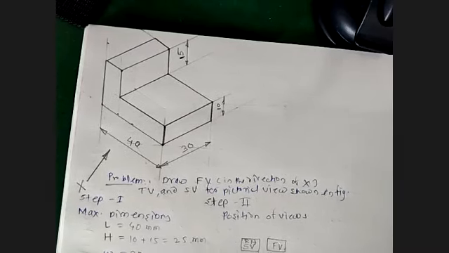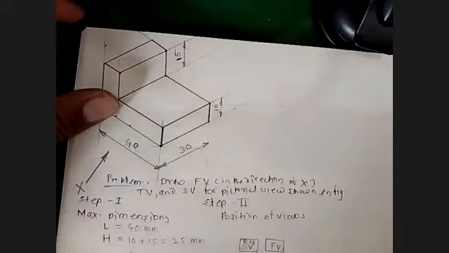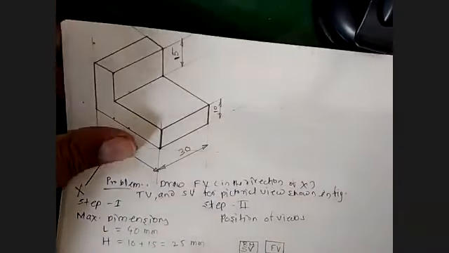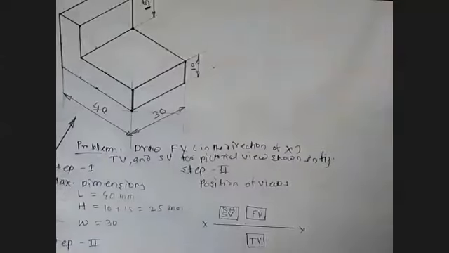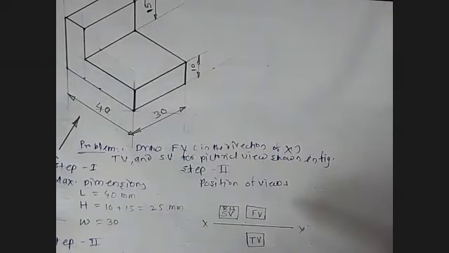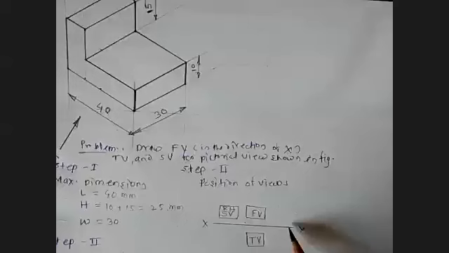Now you have to think about the second thing related to this given pictorial view. Considering the direction of arrow, you have to decide what will be the position of your side view. See, front view is always above the xy line, top view below the xy line.